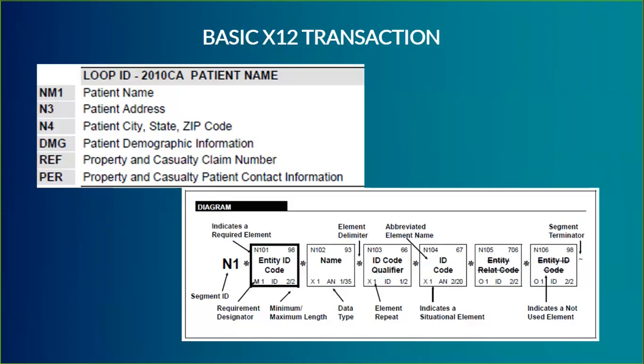What's interesting is that the requirement indicator tells you whether it's required or not. In the bottom right-hand corner, you see the maximum and minimum length. Sometimes that will be constrained within the X12 implementation, sometimes it won't. In the upper right-hand corner is the data element number.